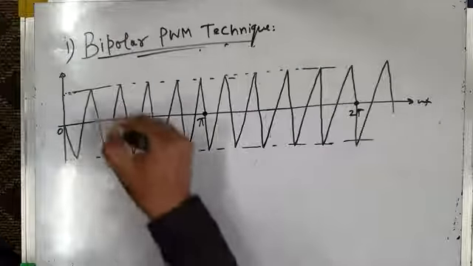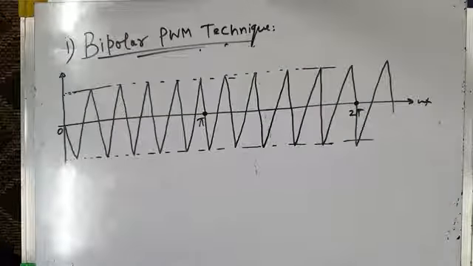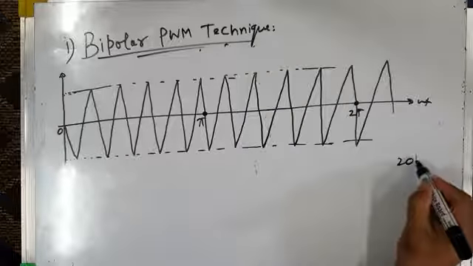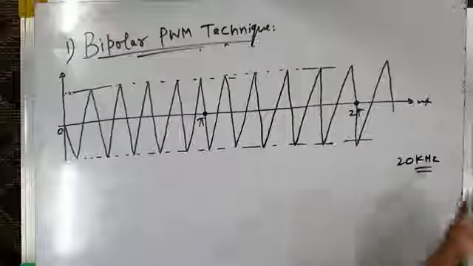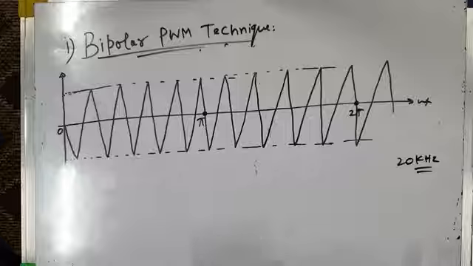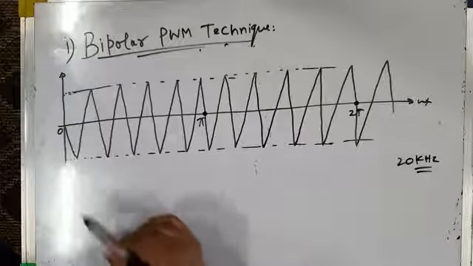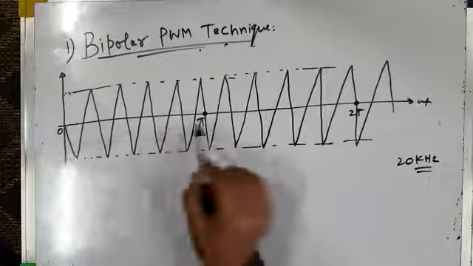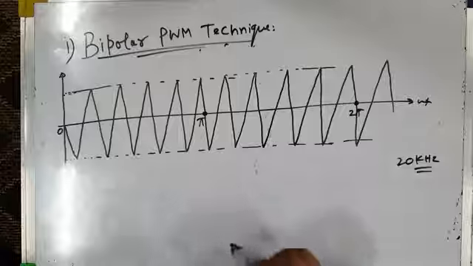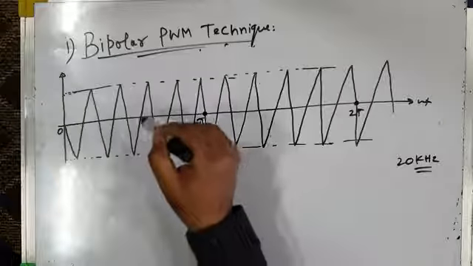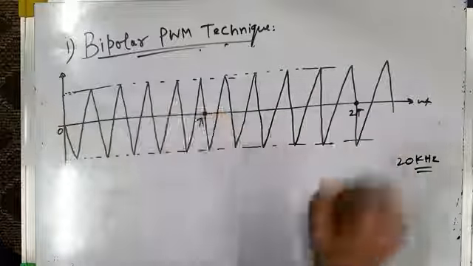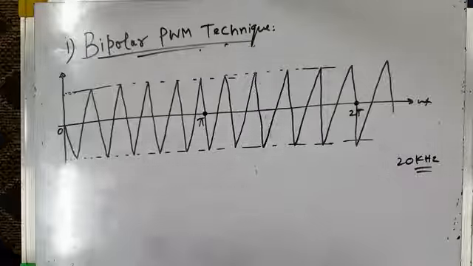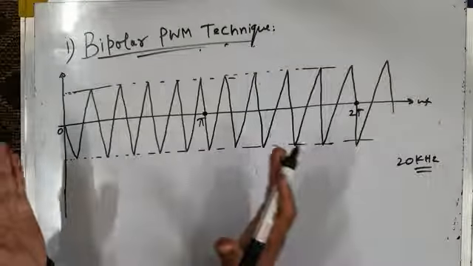Actually, you may have hundreds of such carrier waves. For example, if your inverter is switching at 20 kilohertz, that means the IGBT is switching 20,000 times per second. So in that case, the triangular carrier wave may have thousands of cycles per cycle. But for me, it is not possible to show thousands of carrier wave cycles per wave from 0 to pi, because the waveform will be too crowded.